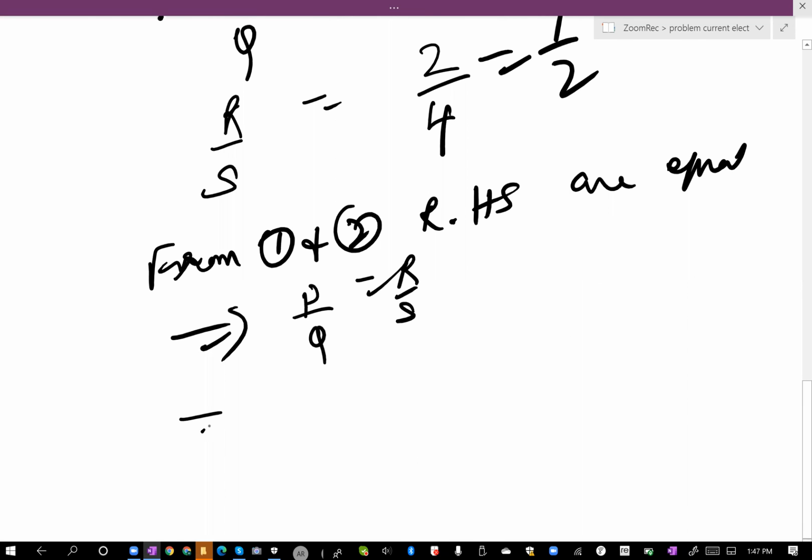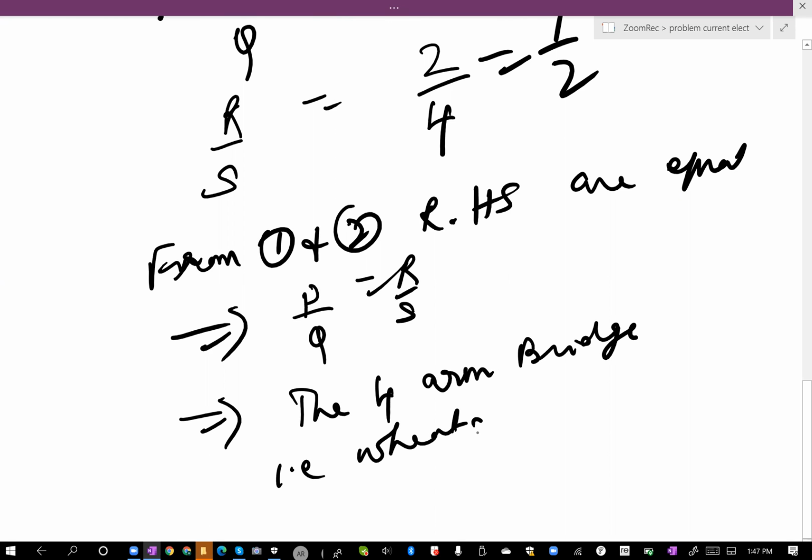And that also implies the four-arm bridge, that is Wheatstone's bridge, is balanced. That means which is redundant?